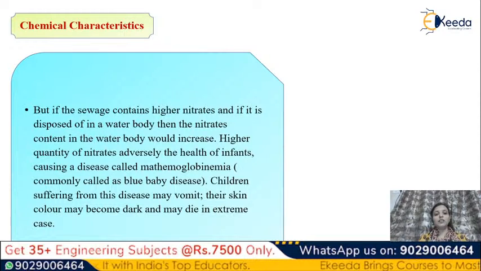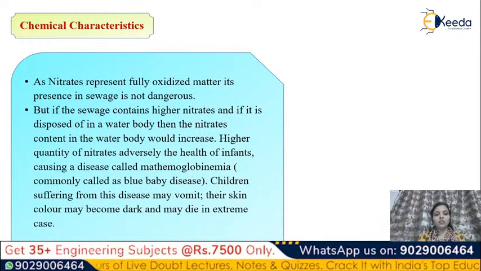But if the sewage contains higher nitrates and is disposed of in water bodies like river, lake, sea, etc., then the nitrate content in the water body will increase. A higher quantity of nitrates adversely affects the health of infants, causing a disease called methemoglobinemia, commonly called blue baby disease, which happens to small children. Those suffering from this disease may vomit, their skin color may become dark, and they may die in extreme cases. So this is a very dangerous disease.